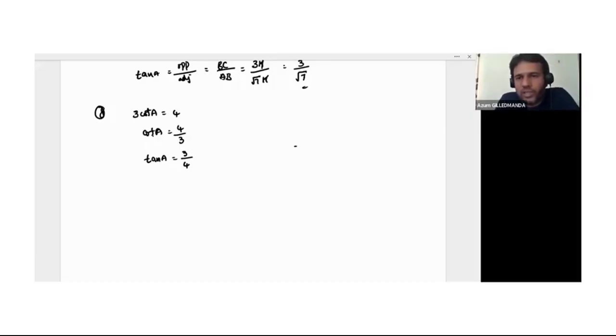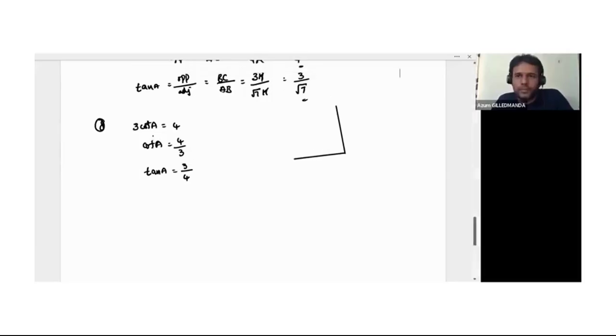Yeah. So I always suggest to draw the triangle, right? So let's draw the right angle triangle first. Okay, so the angle is A here. So A, B, and C. The right angle is here. All right.